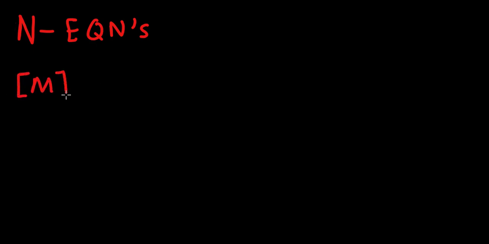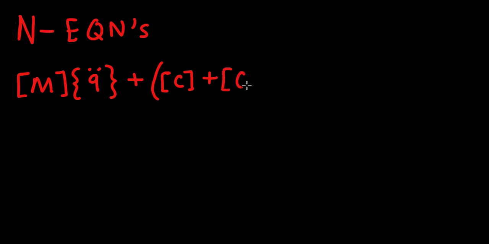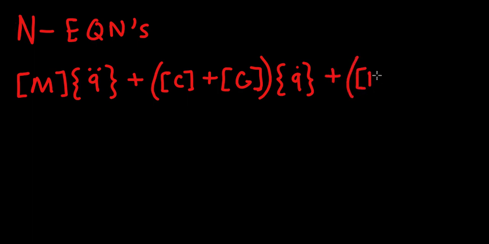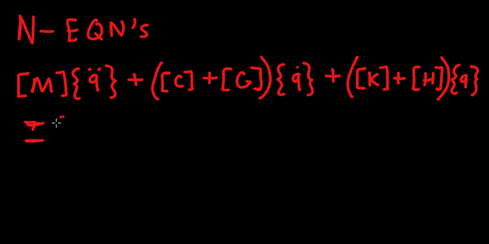It'll have some matrix M times some vector Q double dot, plus the sum of 2 matrices C and G times some vector Q dot, plus the sum of 2 matrices K and H times some vector Q, and all this is equal to some vector F. Now I know this looks complicated, there are a whole lot of letters everywhere.